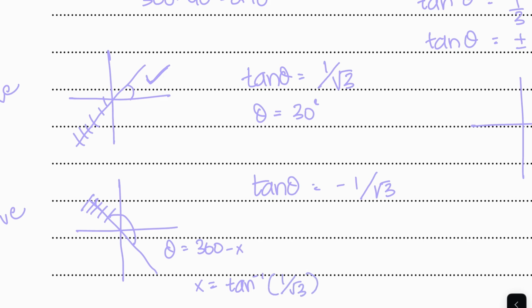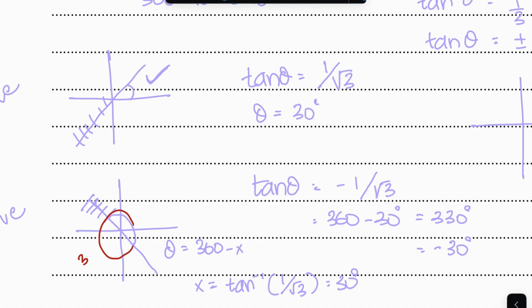So that was 30 degrees. So we will do 360 minus 30 degrees, and that gives us 330 degrees. But we can also write that as minus 30 degrees, because if this is 330 degrees, this is negative 30 degrees, because it's the same acute angle, just in the opposite direction.